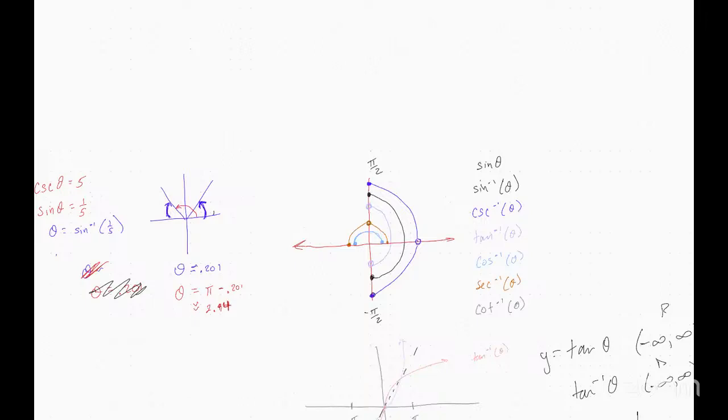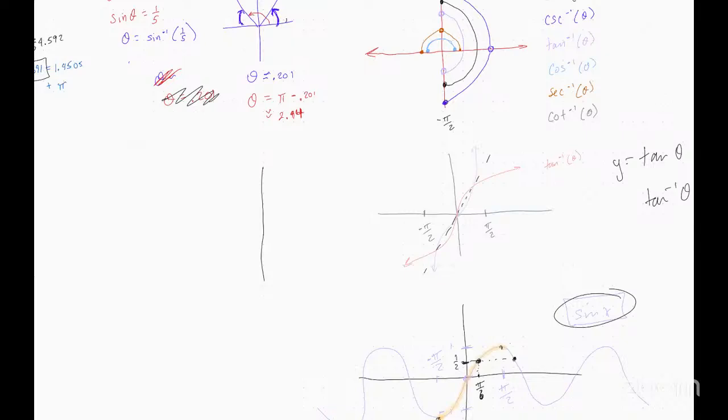It has asymptotes at 0, pi, and negative pi. Do you remember that? So this graph goes like this, and it's this way. So that's what we're going to have, but it's not defined where it's equal to 0.